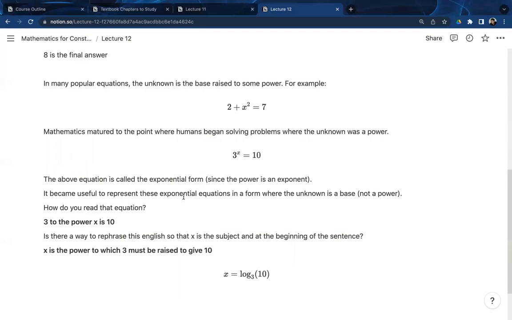A logarithm is a power. Something is being raised to a power to give 10. What's the something you're dealing with? Is it 2? Is it 5? Is it 10? Is it 100? If I don't know what the something is, it makes no sense. So when you're asking somebody, what's the logarithm, you need to give them two pieces of information. Somebody said, well, what's the logarithm of 5? I was like, what? That makes no sense.